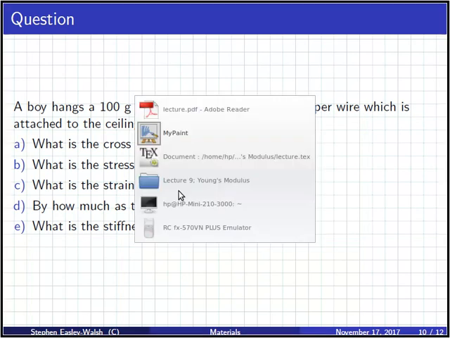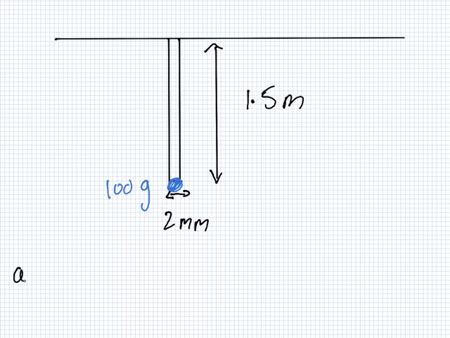Okay, so the first thing, let's do this one now. Part A, and this is copper. What is the cross-sectional area? What shape is the area, a circle? So we have to use pi r squared.